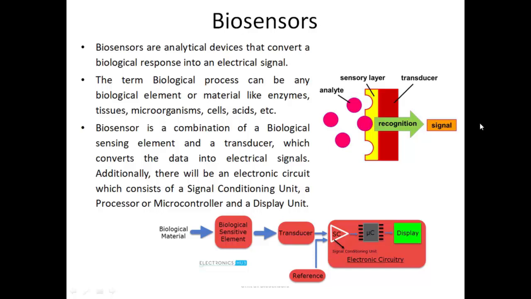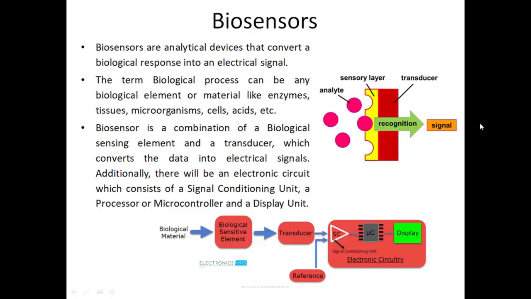So when we capture this response and convert it into an electrical signal, we call it a biosensor. So biosensor is actually a combination of a biological sensing element and a transducer which converts the data into an electrical signal.